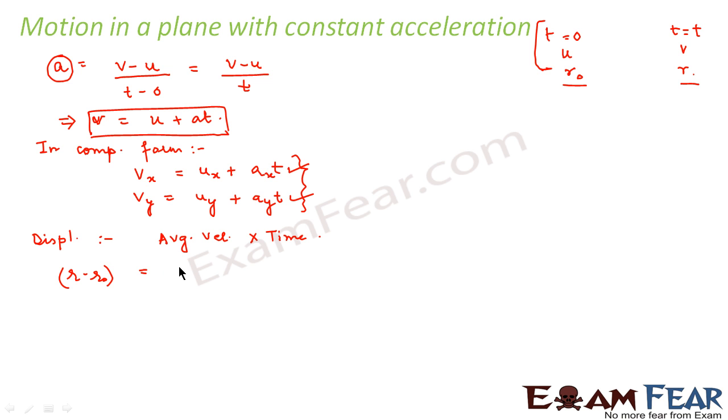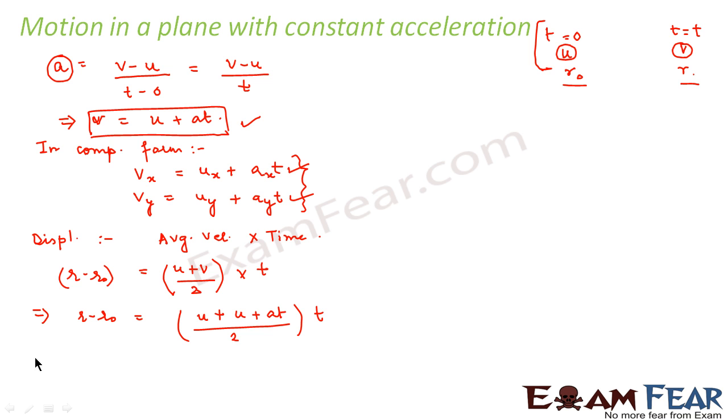So this will be equal to average velocity times time. What would be the average velocity? If initial velocity is u and final velocity is v, the average velocity would be (u plus v) divided by 2. This into time taken, t. So we get r minus r naught is equal to, writing v as u plus at, (u plus u plus at) divided by 2, into t.